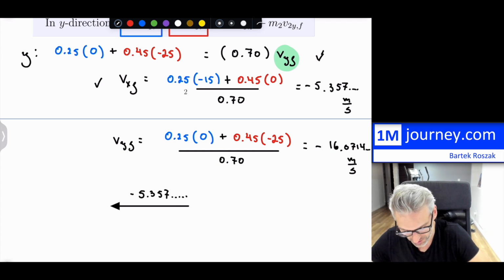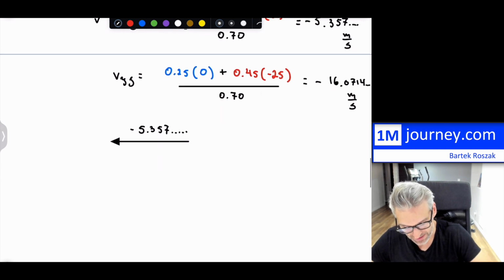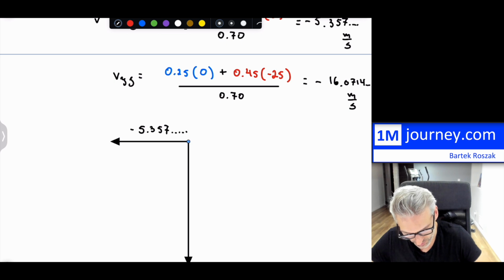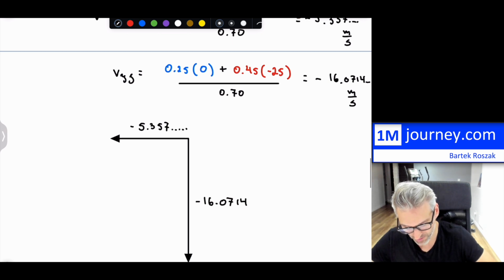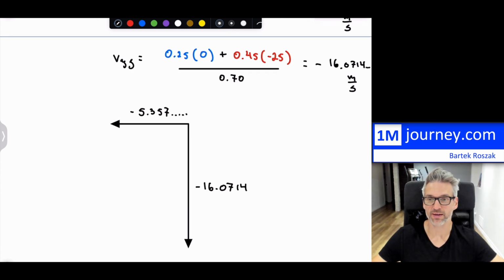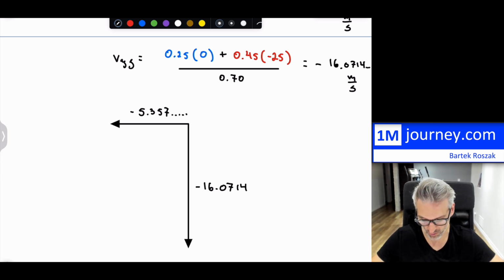Sorry, I didn't round this. And then we have our y component. This one's much bigger. This is negative 16.714. So this one's down. The negatives just mean to the left and then downwards. So you can certainly remove them if you wanted to.